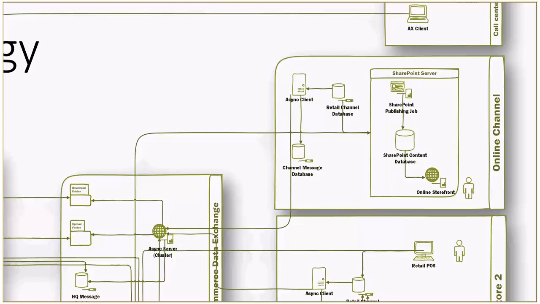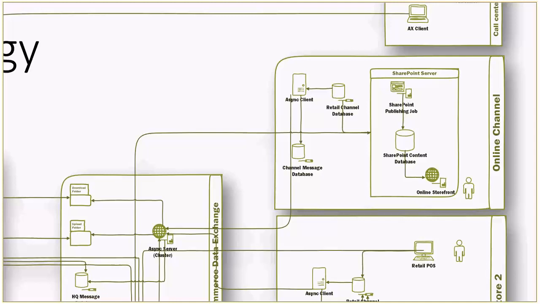Once you're done with that, then you select the async client deployment and you install the corresponding message database for the async client. And as part of your async client installation and configuration, you specify which retail channel database it needs to connect with. You need to specify the URL of the async server it needs to connect with, and so on and so forth.